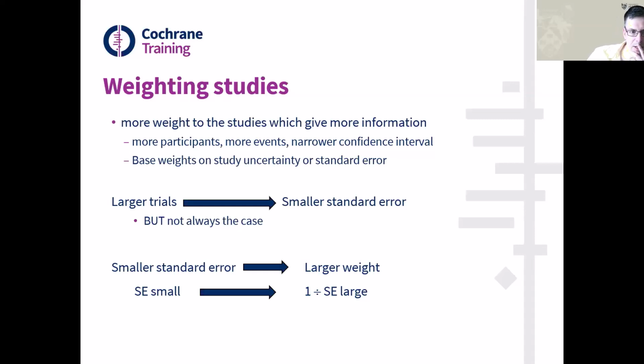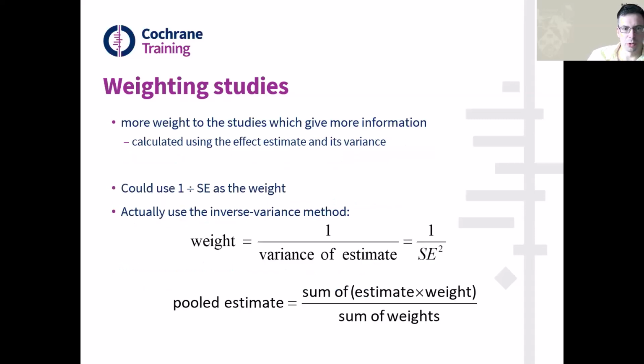So we're going to weight by the inverse, the 1 over the information in the studies. And again, we're going to give more weight to more information. So we could use 1 over the standard error as the weight. We don't actually do that for mathematical reasons. We prefer to use 1 over the variance, i.e. 1 over the standard error squared as our weight. So that's the weight we're going to use.